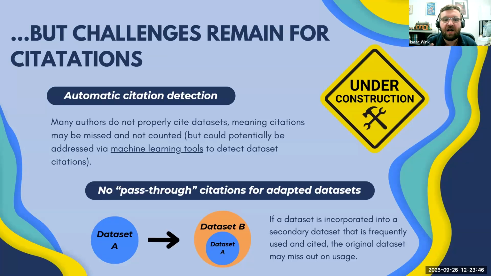Another thornier issue that is still being worked out, and there aren't as evident solutions for, is the idea of pass-through citations for data sets that get adapted. And the best way to think through this is kind of as an example. If I am a researcher and I publish a data set A, and make it available for others to reuse, remix, do other things with, and then another person maybe incorporates that data set into a larger data set, call it data set B, and then publishes that themselves.